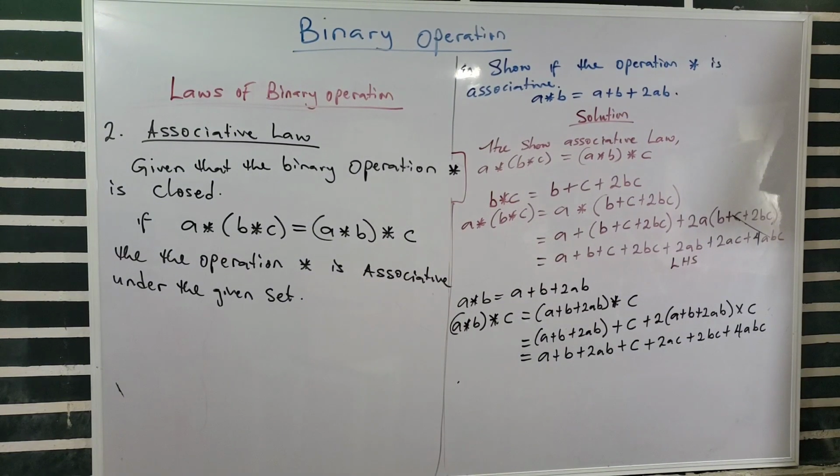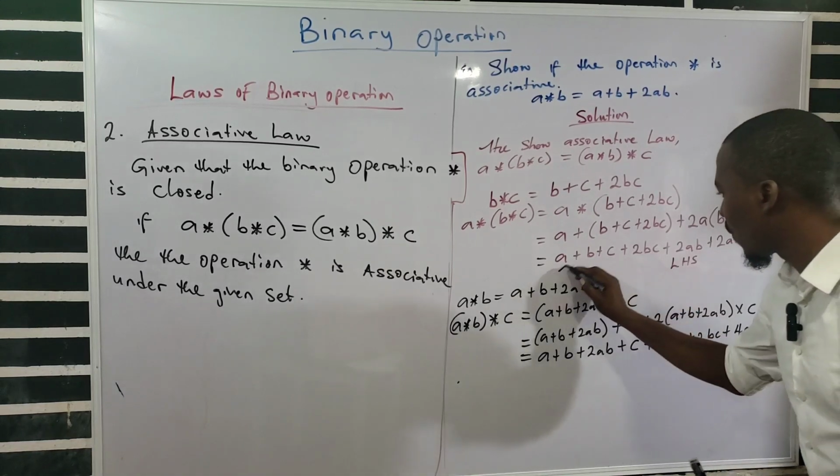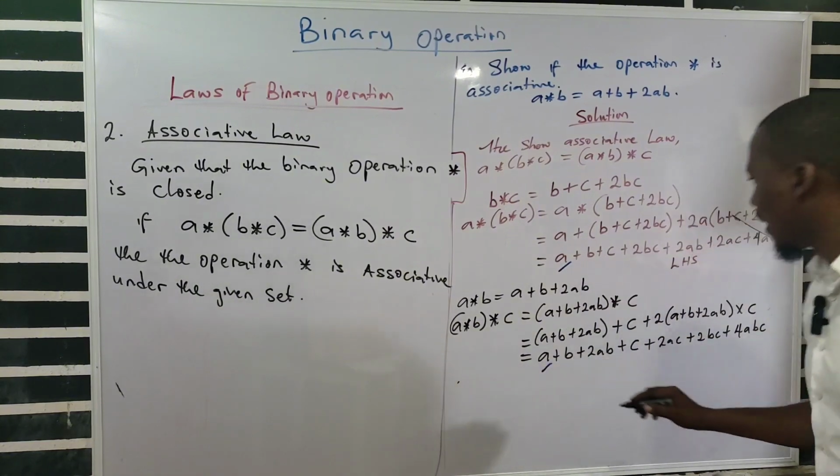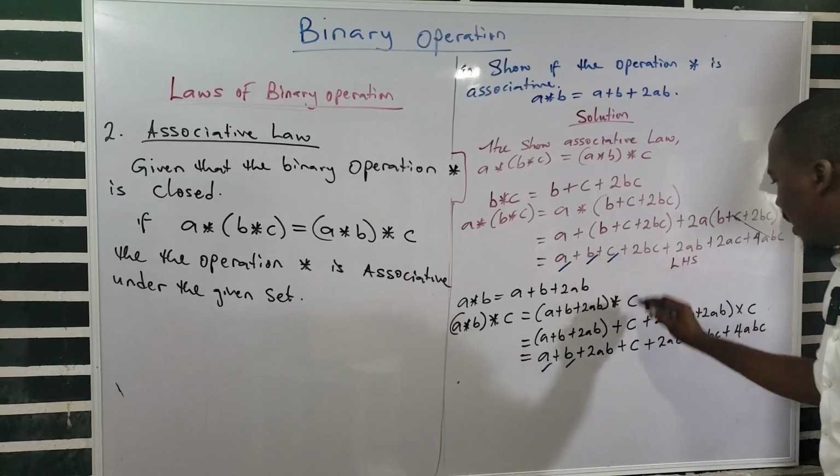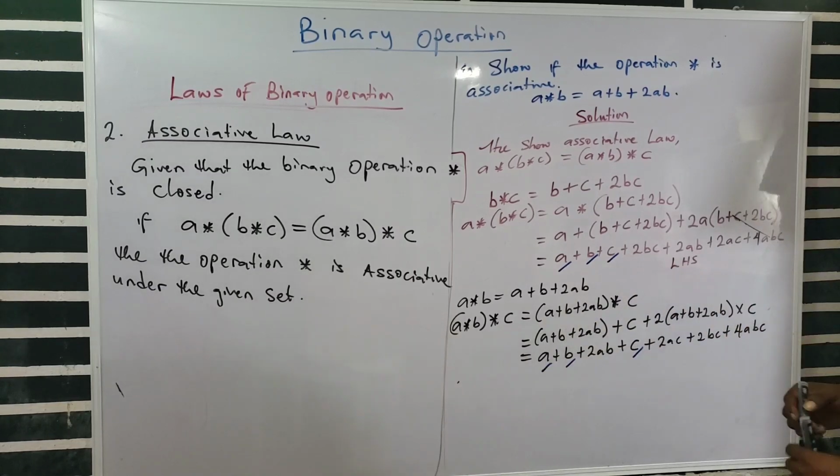We can actually use something to indicate to show that they are the same. We have A here, we have A here, we have B here, we have B here, we have C here, we have C here. Okay, so these are the single numbers. Then let's look at the numbers that are double.